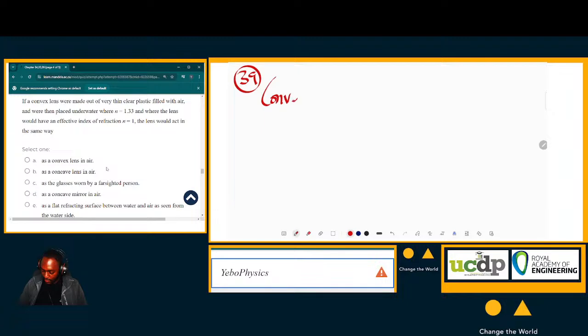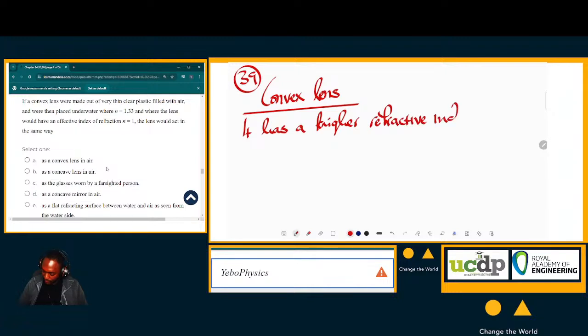So for a convex lens, we should understand their architecture. For it to be able to converge rays to a focus, it has a higher refractive index than the medium.